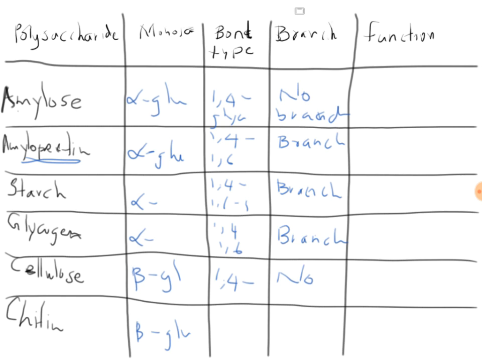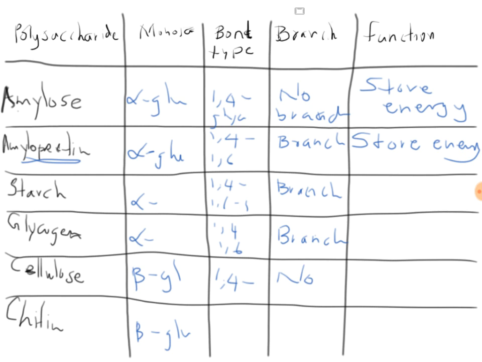Now let's talk about the functions. Amylose, as a polysaccharide, has several bonds, so it stores energy. And amylopectin also has the same function because it is part of starch.